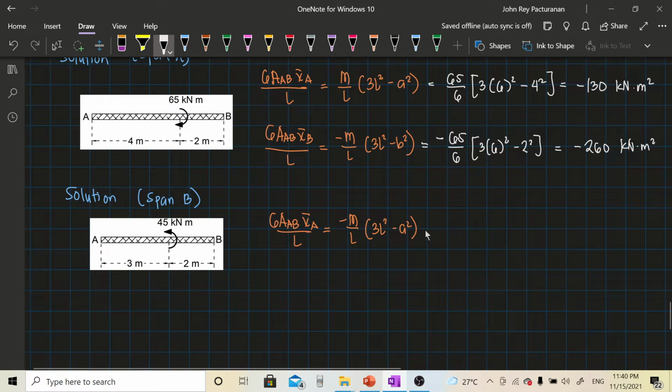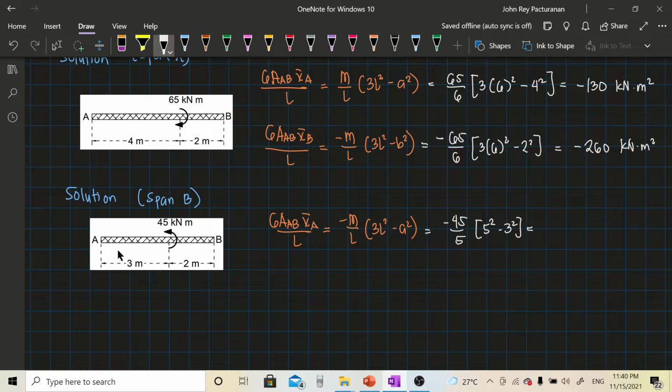So, pag sinubstitute nyo, negative 45 over 5 because the total span of the beam is 5 meters, no? So, 5 squared minus 3 squared, no? Because 3 meter yung distance niya doon.